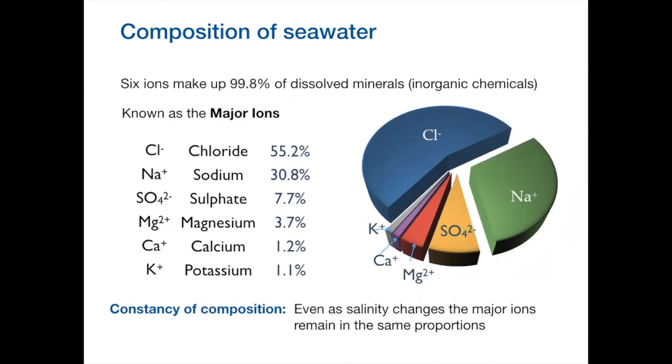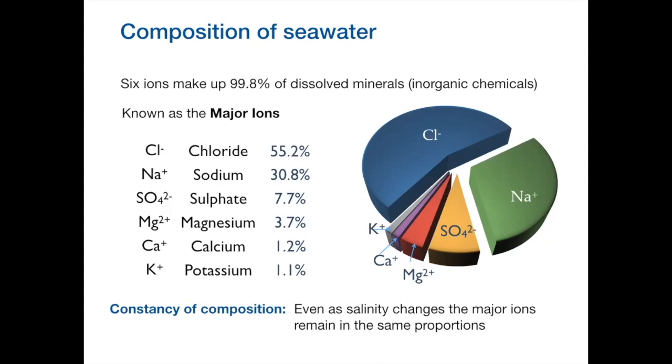Chlorine is a much heavier ion than sodium, so in terms of weight, chlorine makes up a lot more of the composition of seawater, but in terms of number of atoms, chlorine and sodium are similar. So this ratio between these 6 major ions is consistent regardless of what the salinity of the water is.